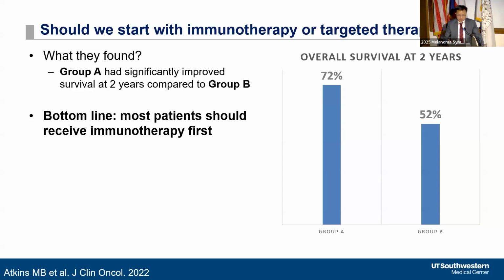At 2 years, about 72% of the patients that got immunotherapy first were alive, compared to 52% for those that got targeted therapy first, so a 20% improvement. So that's sort of settled a little bit of that question. And the bottom line is that most patients that we see, we offer immunotherapy first rather than targeted therapy, despite all the benefits I had mentioned.